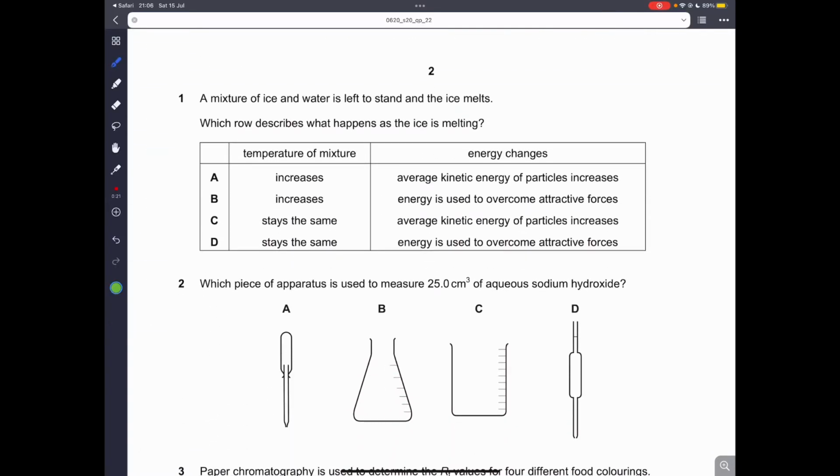Question number 1. A mixture of ice and water is left to stand and the ice melts. Which rule describes what is happening as the ice is melting? Well, when the ice is melting, the temperature of the mixture will stay the same. This is because the heat energy in the process is used to break bonds.